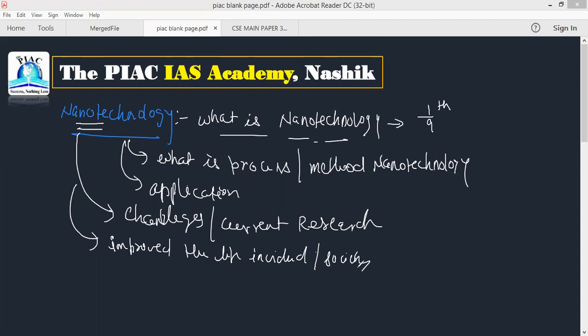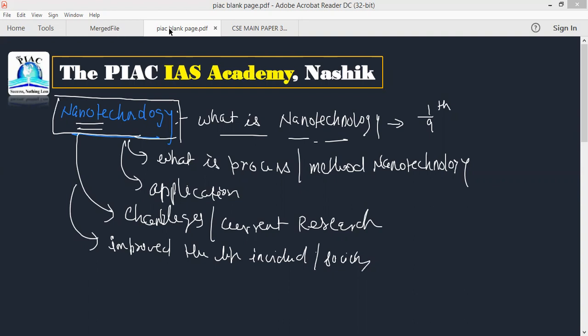Keep in mind, when you are studying science and technology, how it has been beneficial for society as a whole. That way you can deal with all of science and technology in a genuine, holistic sense. So this is the nanotechnology we are talking about.